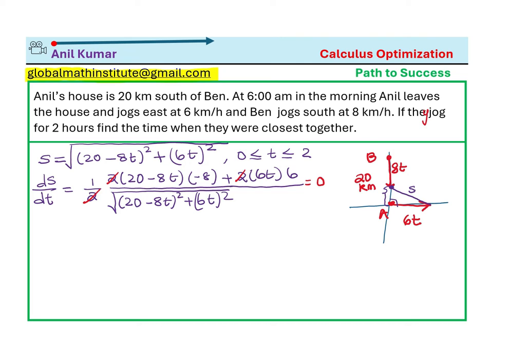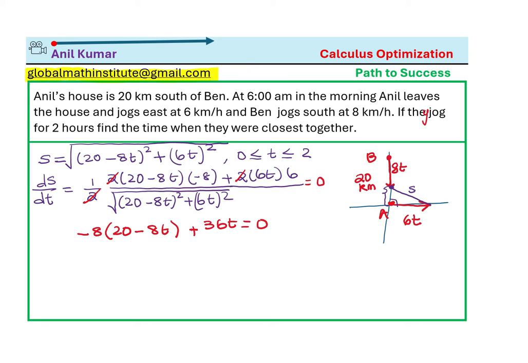So we have minus 8 times this plus 36t, right? So this basically means minus 8 times (20 minus 8t) plus 36t equals 0.